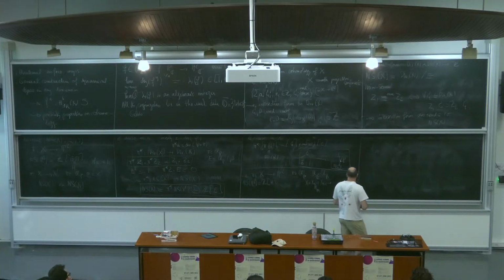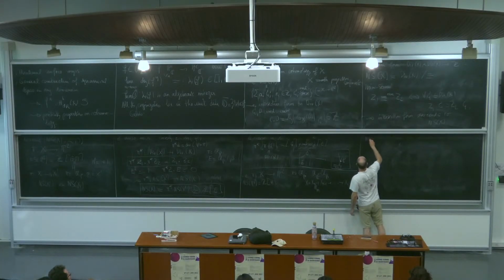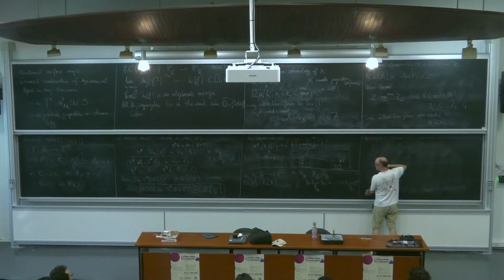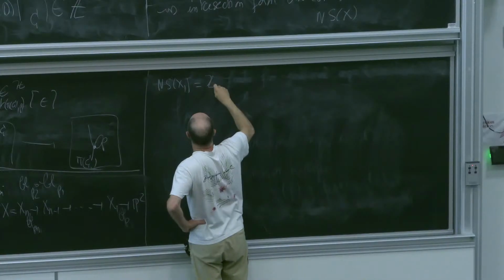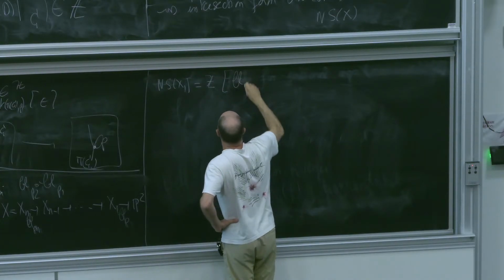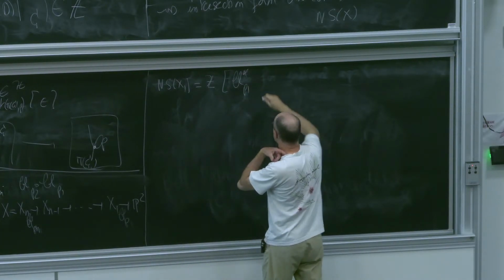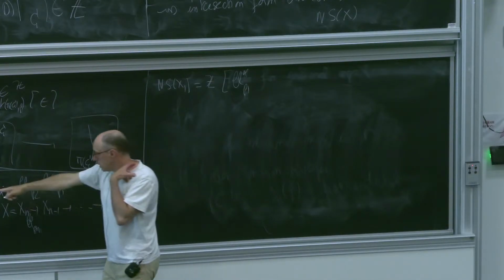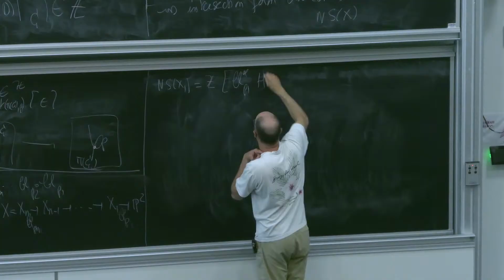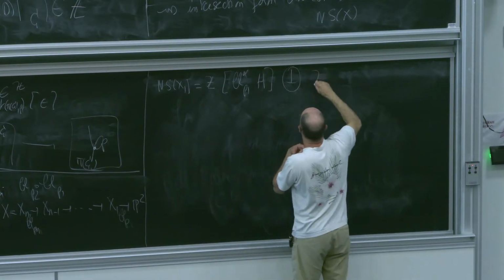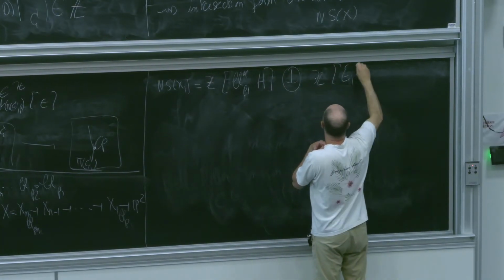Okay, so the Néron-Severi space of X1. Well, by what preceded, this is Z times the pullback by the blow-up of my class H, orthogonal sum Z, let's call it E1.